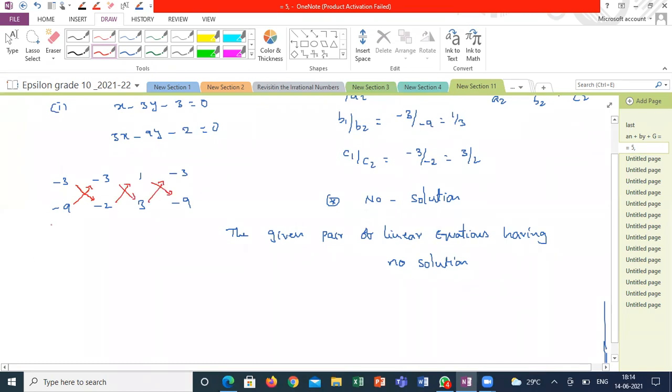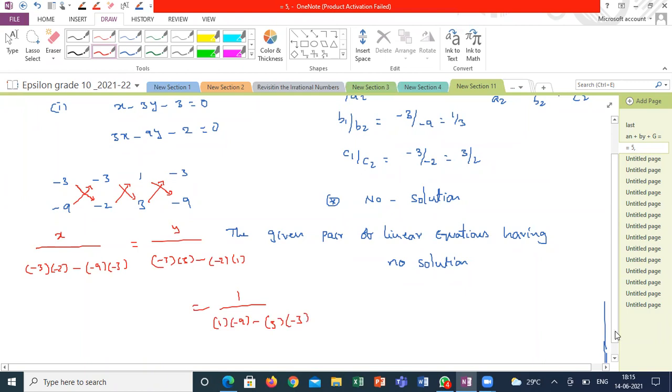For the first set, I will get x divided by minus 3 into minus 2 minus 9 into minus 3. Y divided by minus 3 into 3 minus 2 into 1. 1 divided by 1 into minus 9 minus 3 into minus 3.